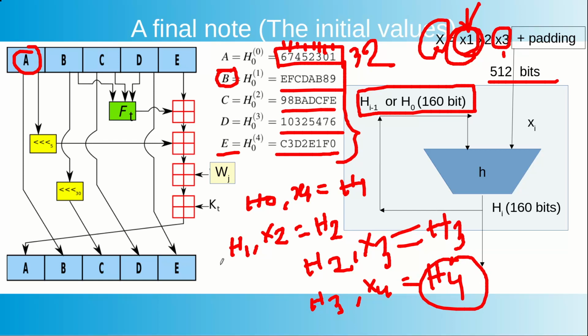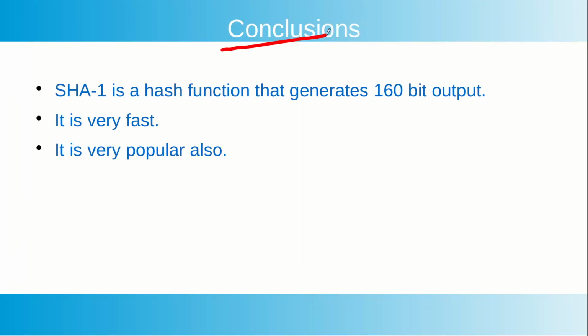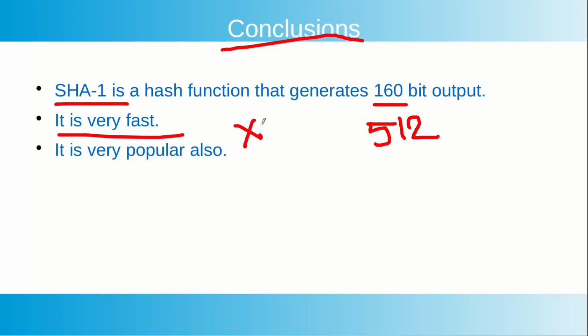So that is the entire design of SHA-1. The conclusion is that a hash function like SHA-1 generates 160 bits from a 512 bit input, and it is very fast also. Recall, in our SHA-1 design we have only used XOR and some bit flipping.